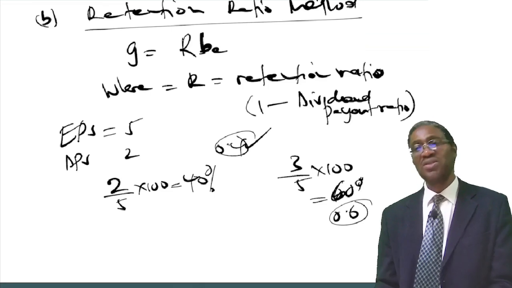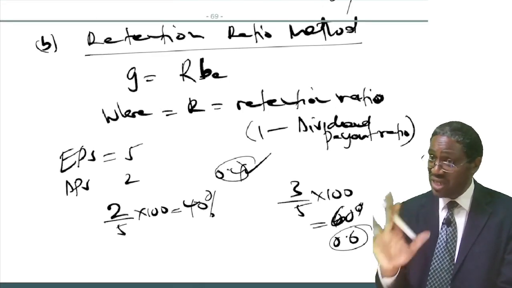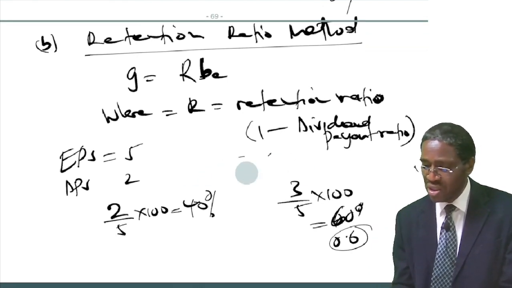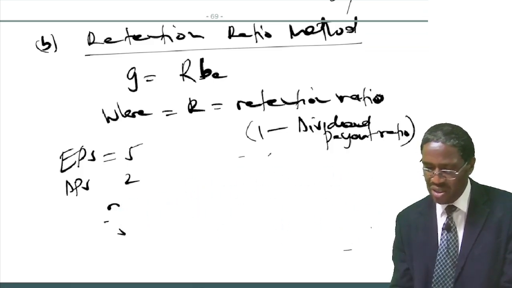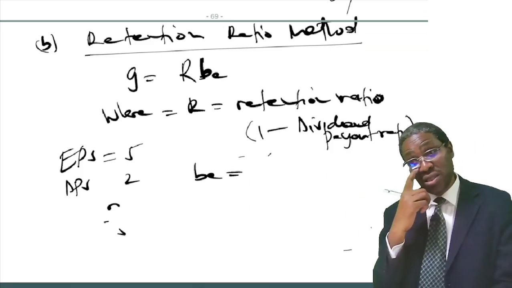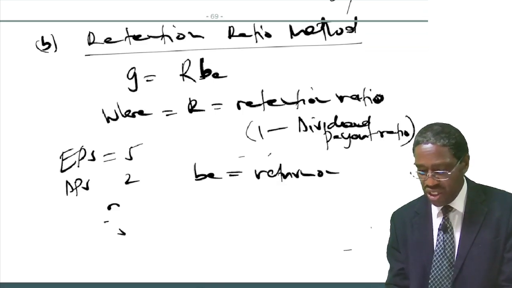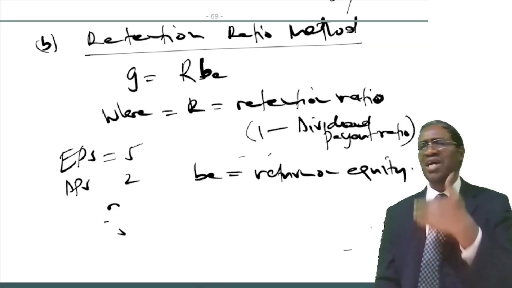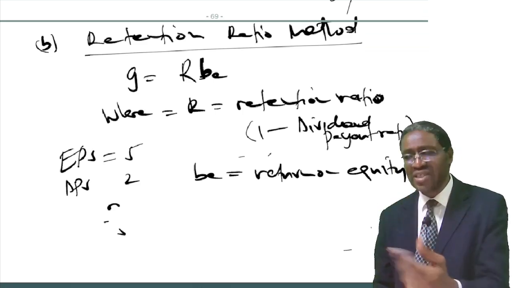Okay, good. Then, listen to this now. I'm not through yet. That is R. Our R represents the retention ratio. What about BE? BE represents the return on equity. The examiner will tell you what the return on equity is, 20%, 30%, 40%, and so on.